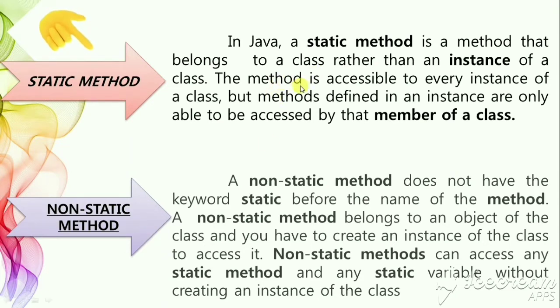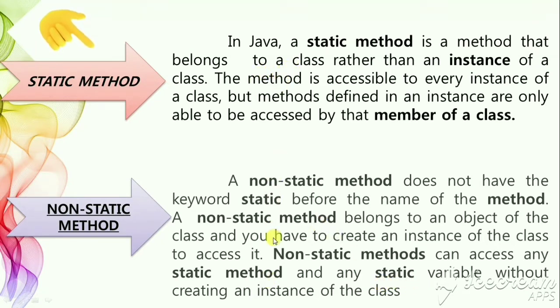Here the static method is accessible to every instance of a class, but methods defined in an instance are only accessible by that member of a class. A non-static method can access any static method and any static variable without creating an instance of a class, because all static methods and static variables belong to a class.